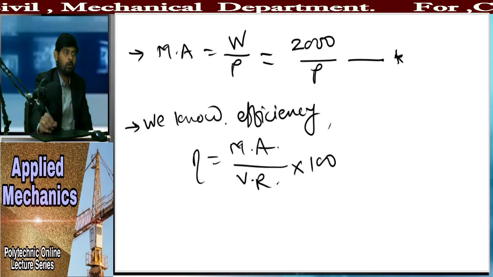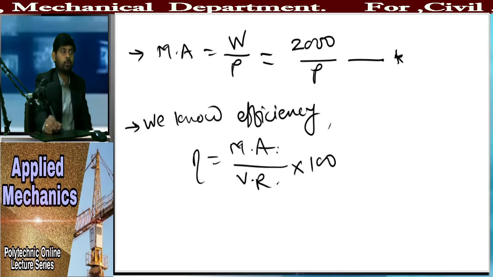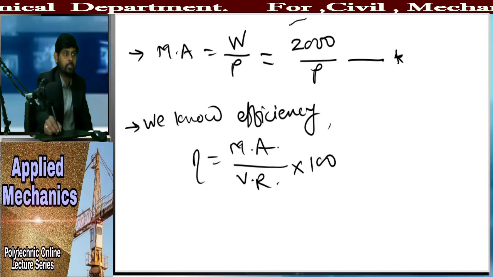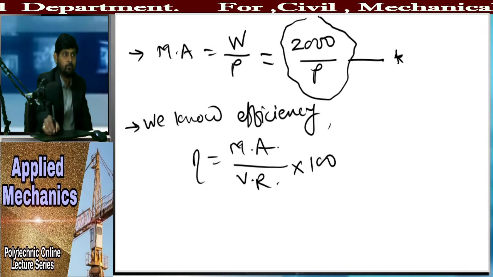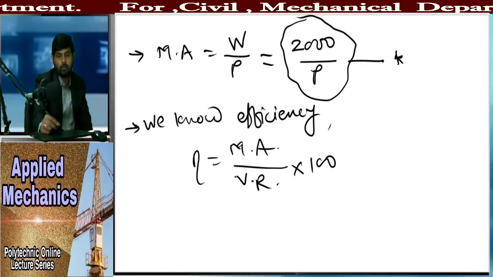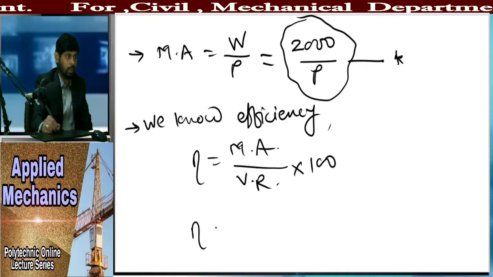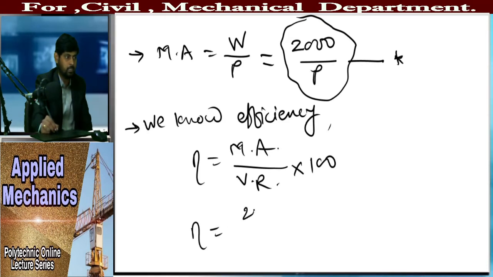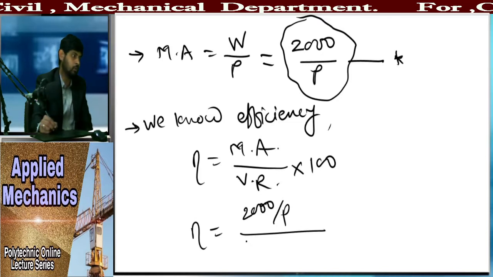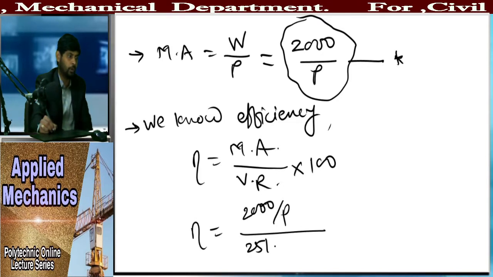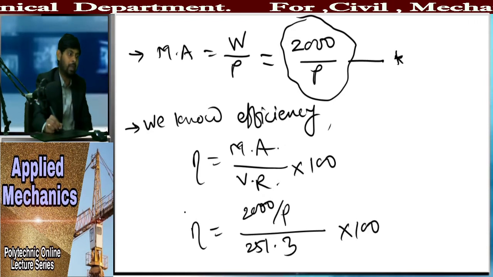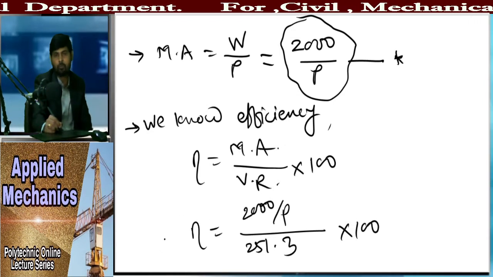So now put the MA value. We don't have the direct value of mechanical advantage, so we can use this equation here for the value of MA, and take the value of velocity ratio. Now you can write: efficiency is equal to 2000 divided by P, divided by the velocity ratio, 251.3, into 100. We know the value of efficiency, that is 45%.